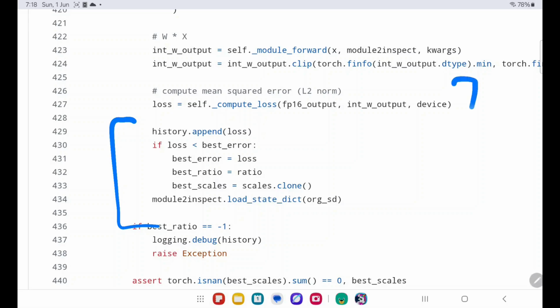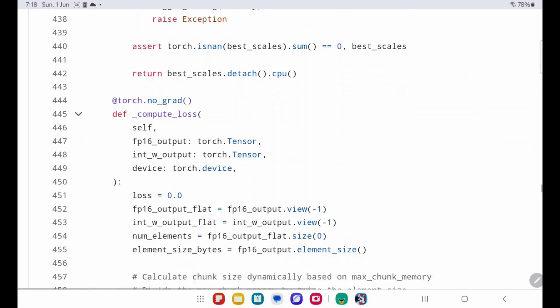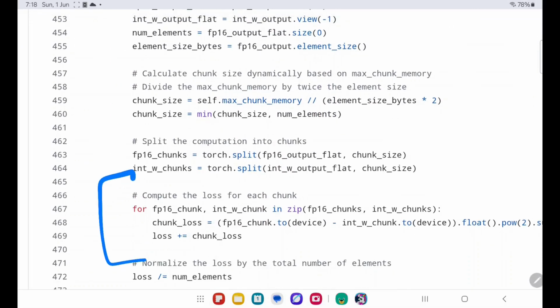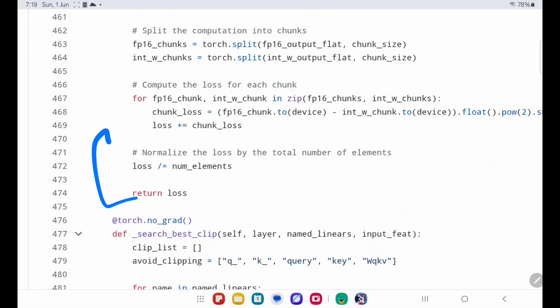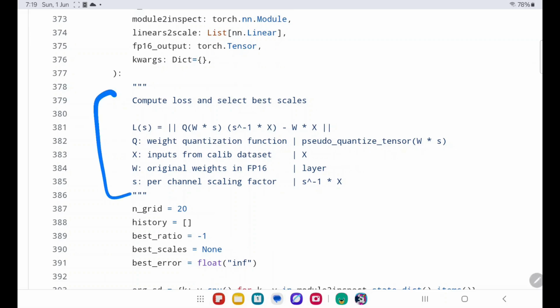Now let's go into the compute loss method. Here we compute the loss based on the difference of the FP16 output and the AWQ output. We sum them up and normalize the loss by the total number of elements. So basically, as per the paper, we calculate the loss, and then we select the best scale wherever the loss is the minimum.